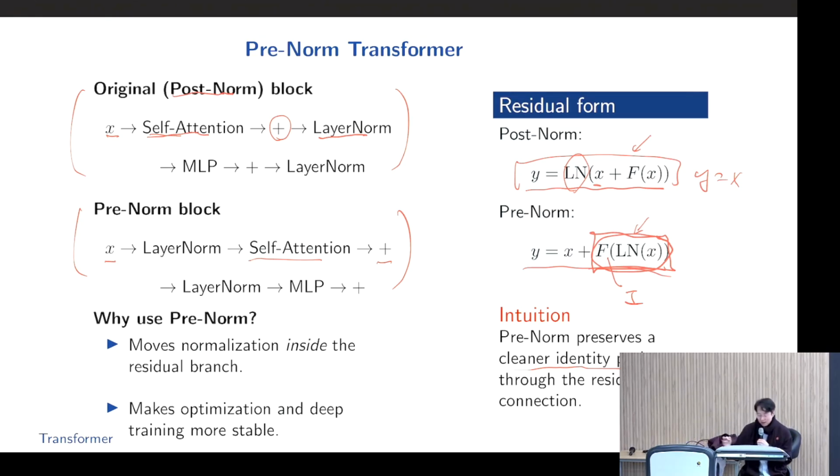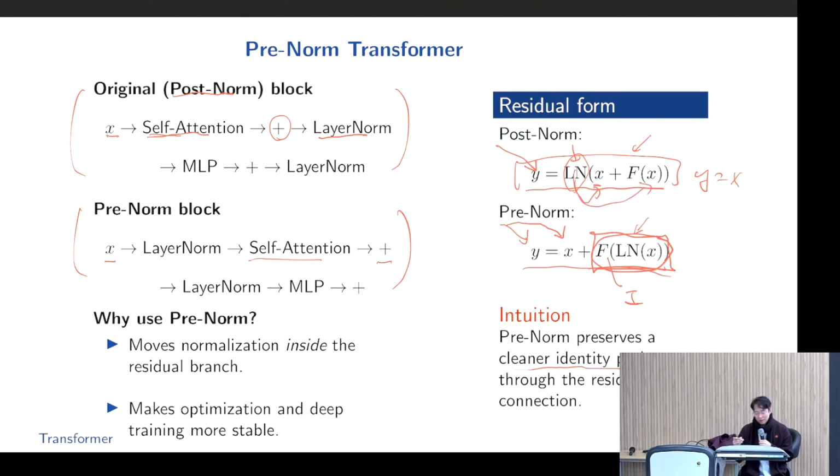The other way to look at it is if you think about backpropagation, the gradient flow is less interrupted. So you apply gradient descent here, and dL/dy flows to here without any interruption. But here, when you do backprop, dL/dy comes in, it has to pass through layer norm, and then pass through x and f of x.